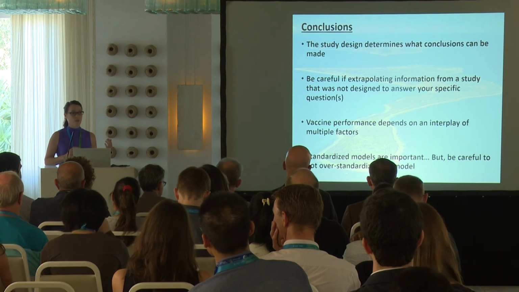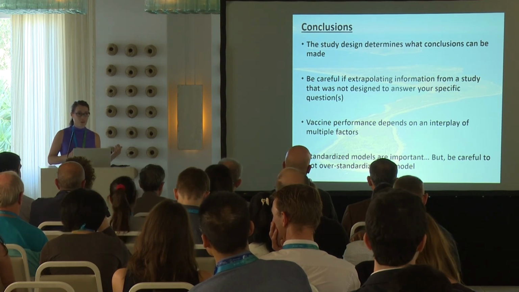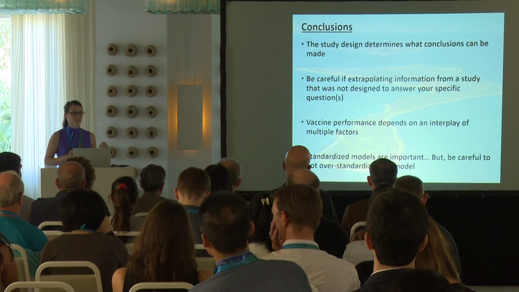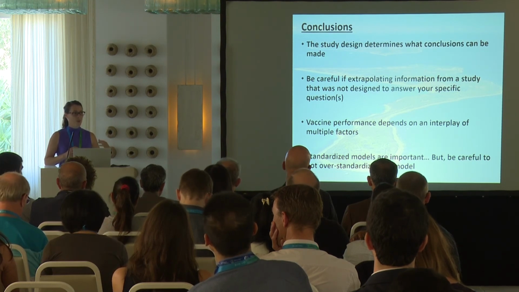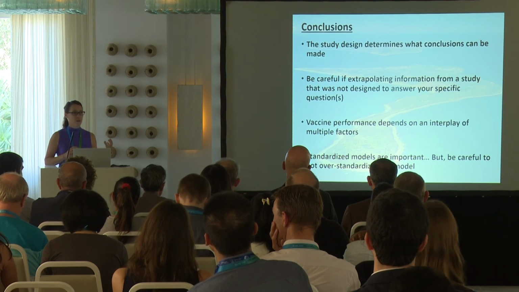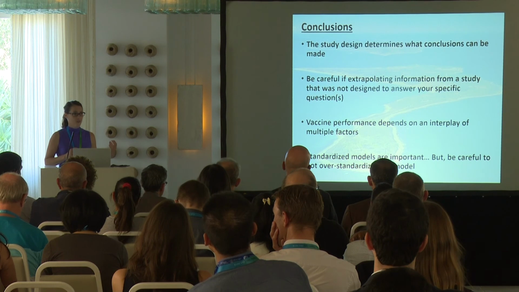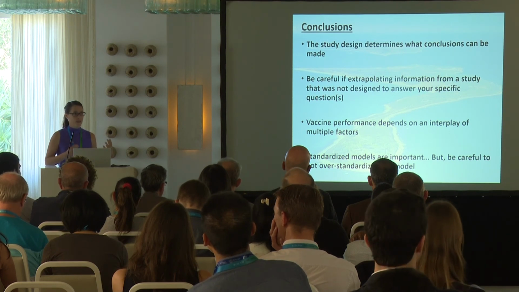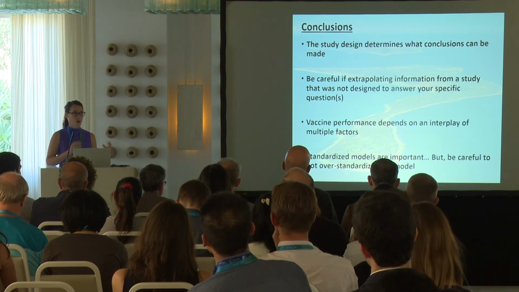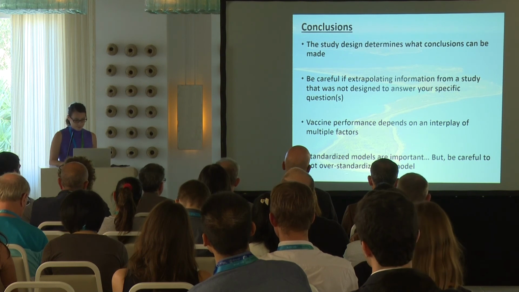But I think we should be careful to not over-standardize our models. We heard about overfitting of data yesterday, and I think there's a similar case that when we design our models, we should remember what the biology of this disease is actually like in the field and base our conclusions on how our model relates to that.